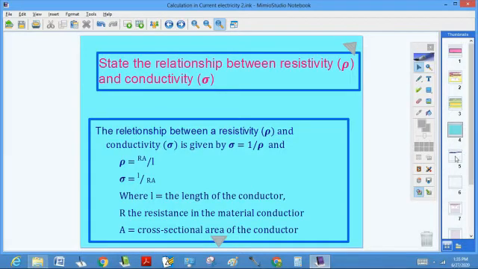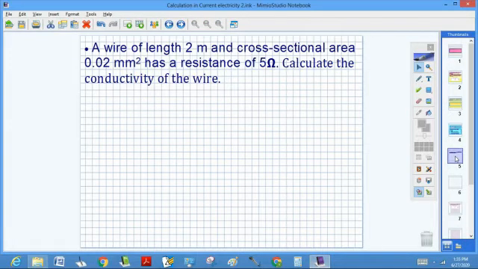So that is it. And the next question says a wire of length 2 meters and cross-sectional area 0.02 millimeters square has a resistance of 5 ohms. Calculate the conductivity of the wire. For us to solve this, we have to write out the parameters given to us.